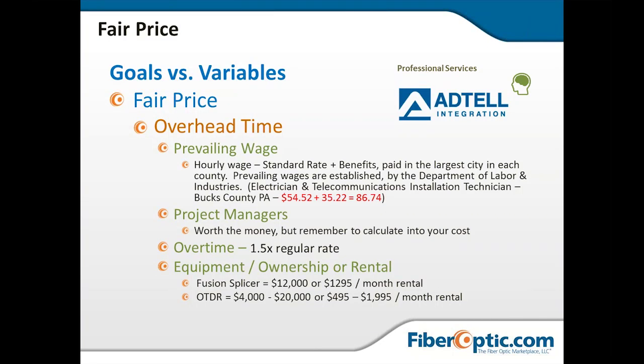The $54 an hour is their labor rate per hour, and the $35 is what they need to receive in compensation for benefits. So you have to prove that they're getting health care and everything else, and what the hourly rates of those would be. So $86 an hour is greatly inflated over what most people are paying their technicians to do work in the field. So know where you're doing this work.